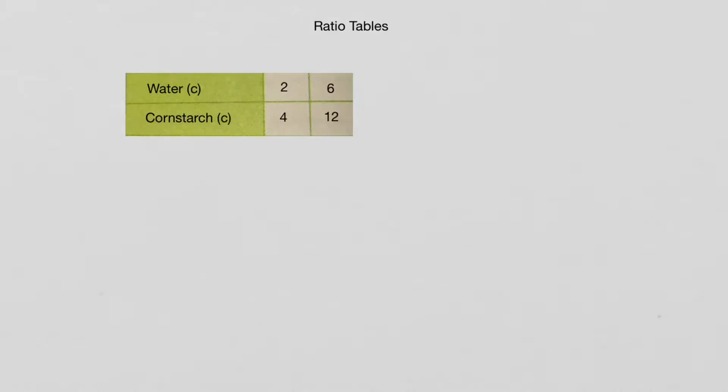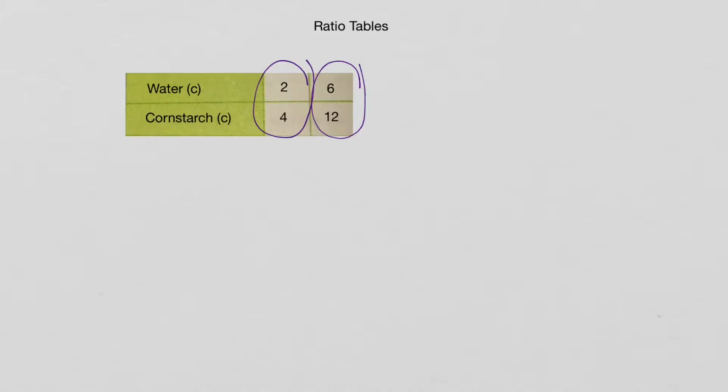A ratio table is a table whose columns are filled with pairs of numbers that have the same ratio. If you look at the table which describes the recipe for oobleck, we have 2 cups of water and 4 cups of cornstarch, and 6 cups of water for 12 cups of cornstarch.